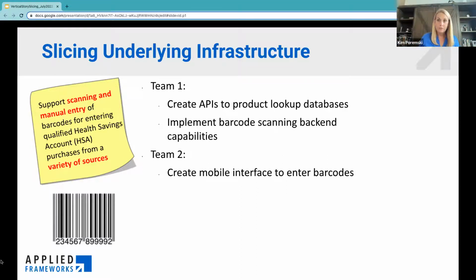They were the ones responsible for building out the barcode scanning capability on the back end and so forth. Then you had team 2, the mobile interface team. And they were the ones that were like, well, we need to be able to have customers enter in this barcode information on the mobile app, but we are completely stuck. We can't do anything because we are waiting on team one to do all of that infrastructure work first before we can do anything.